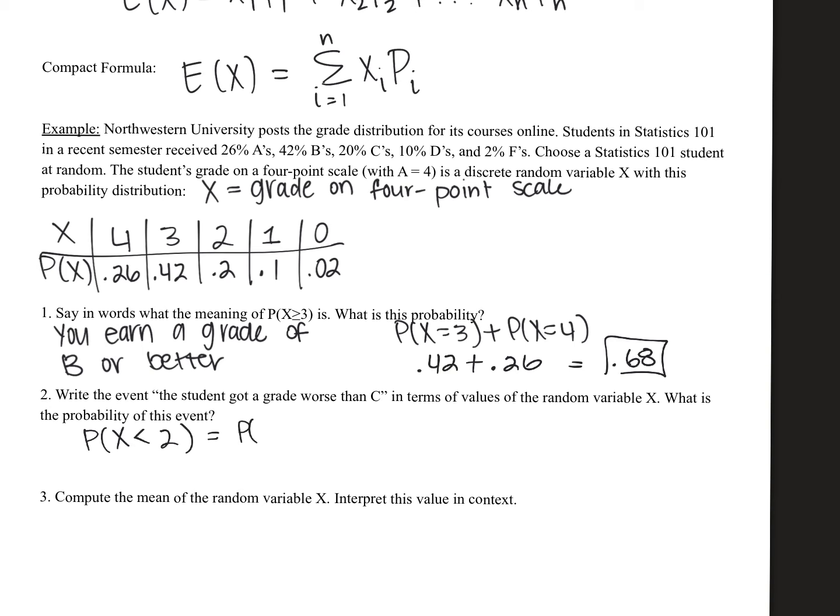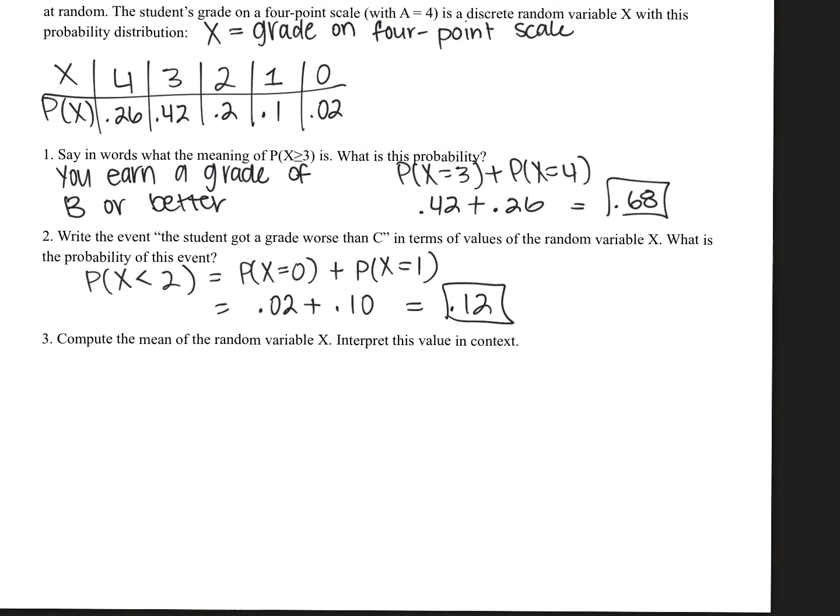So that's the probability you got an F plus the probability you got a D. The probability you got an F, 0.02, plus the probability you get a D, 0.10, means 0.12. So there is a 12% chance you get a grade worse than a C.